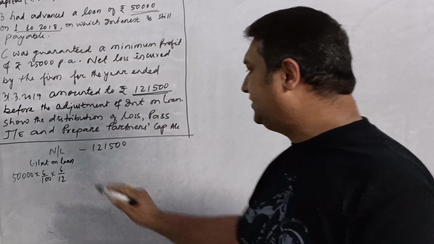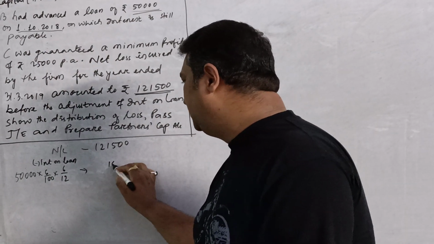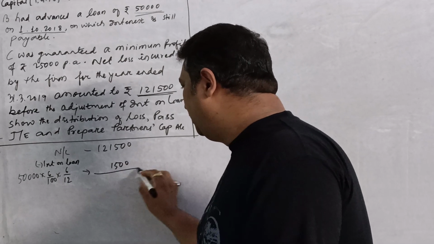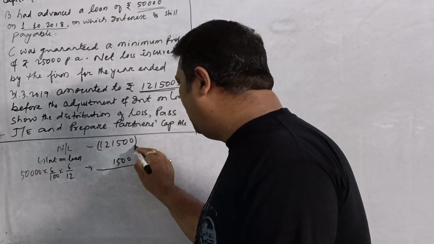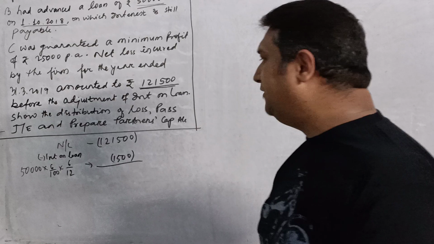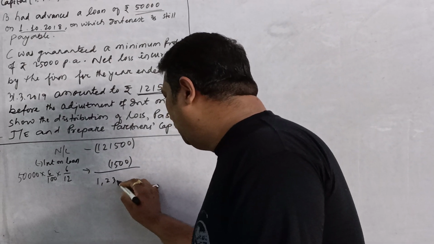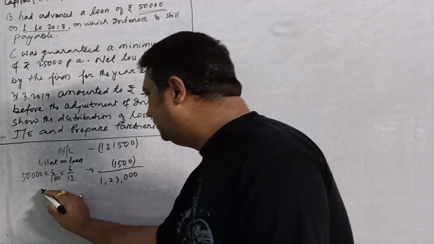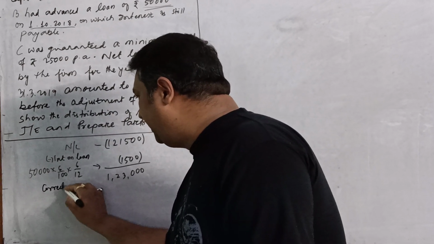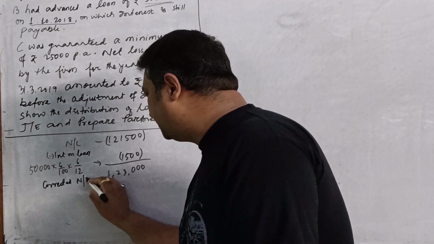So we will allow interest for 6 months, which will be rupees 1,500. Total amount of this was already a loss. We have paid 1,500 more, so amount of loss will be 1,23,000. This is your corrected net loss.